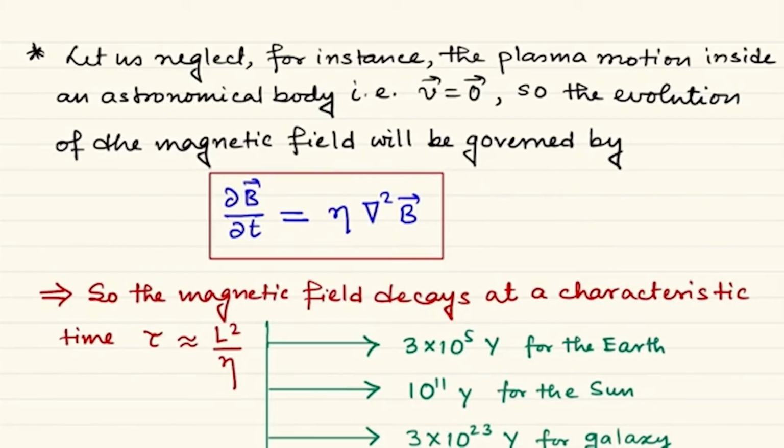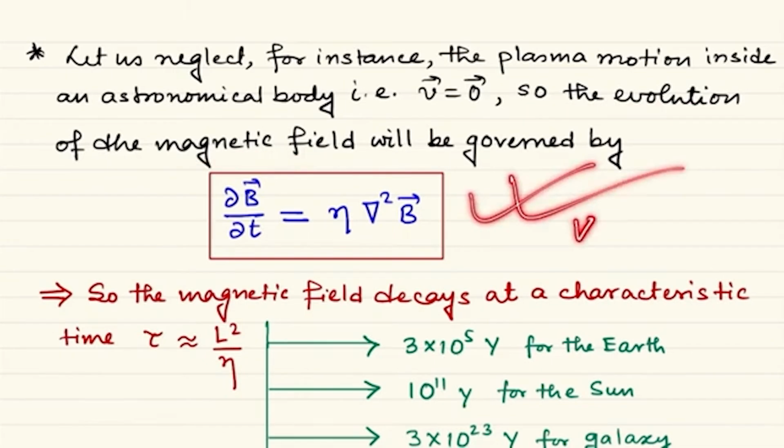Now let's say you have a magnetic field inside an astronomical body, but the plasma motion is very negligible. So you can practically claim that the plasma velocity is almost equal to 0. If the plasma velocity is 0, then the momentum evolution equation doesn't have any meaning, and the only evolution equation for the magnetic field is the induction equation.